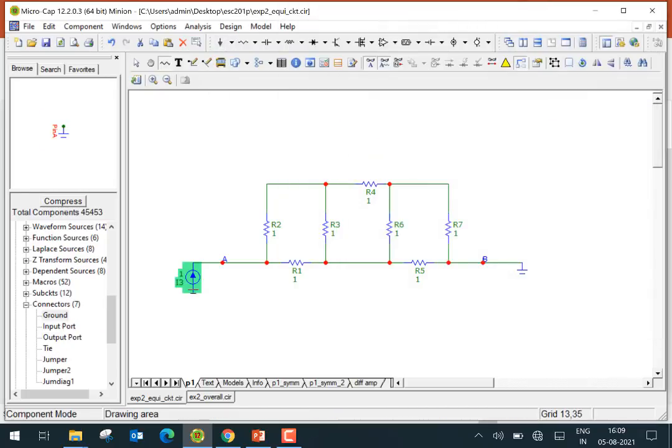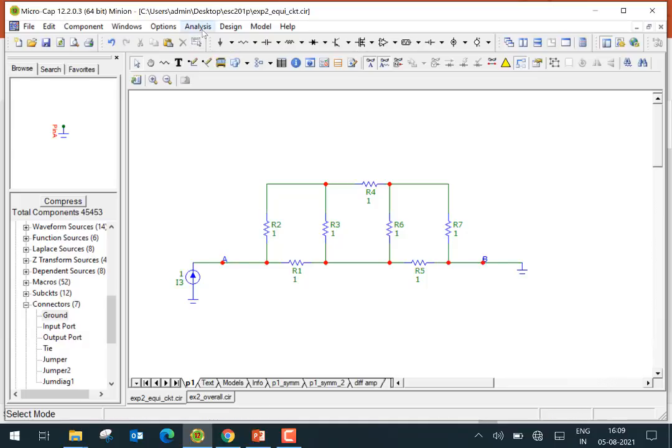Let's put the other end to ground. So 1 ampere is flowing here, and obviously it flows through the circuit and comes out here. Whatever voltage is developed at node A will directly give me the equivalent resistance of this circuit. So it's very easy to find out.